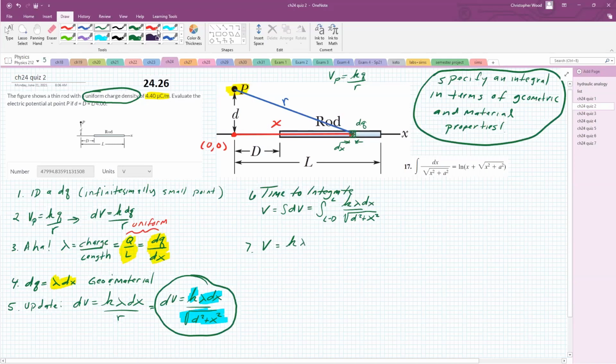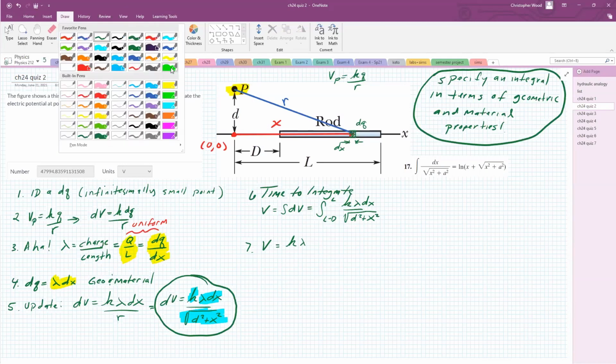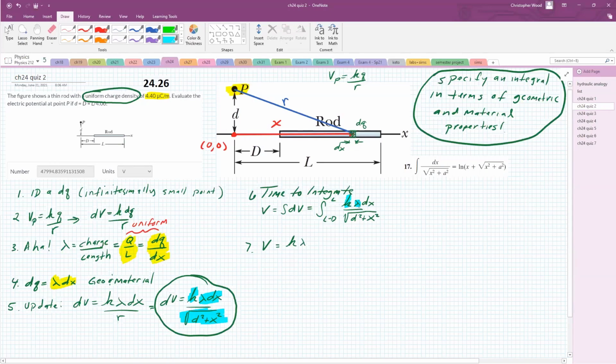So I'm bringing my constants to the left of the integrand. K comes to the left of the integrand. Lambda comes to the left of the integrand. And I'm just left with this integral: dx all over square root of, I'll write it like this just to be consistent with integral number 17, x squared plus d squared, from L all the way down to L minus D.